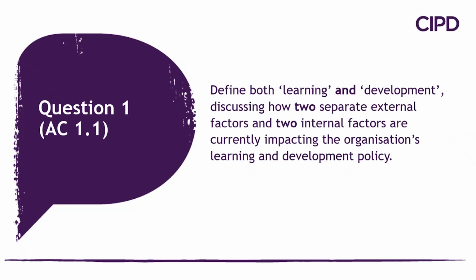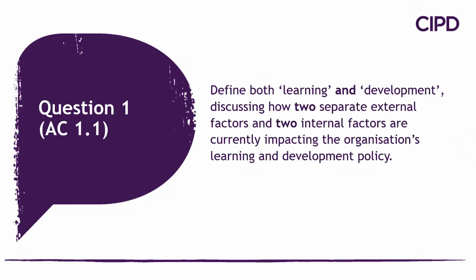Then you move on to discuss how two separate external and two internal factors are currently impacting the organisation's learning and development policy. That's where you're really showing your understanding of the organisation, because you're showing that you appreciate what external factors are impacting learning and development within the organisation, but also what internal factors.